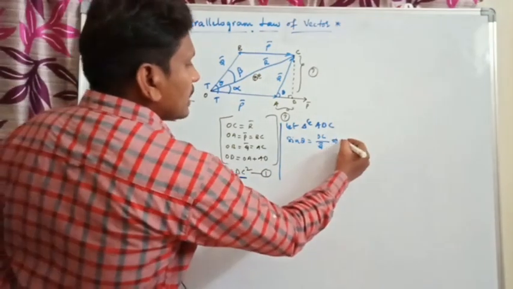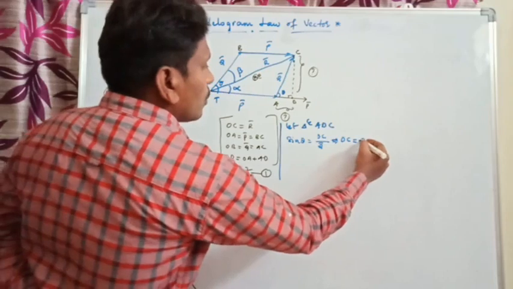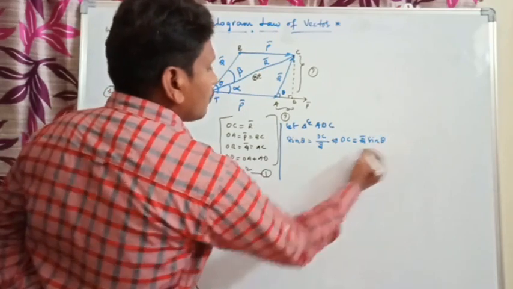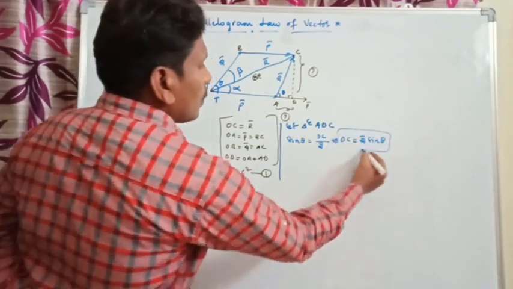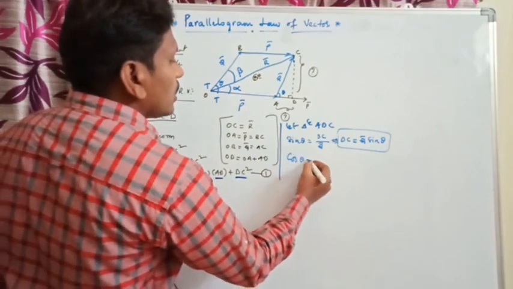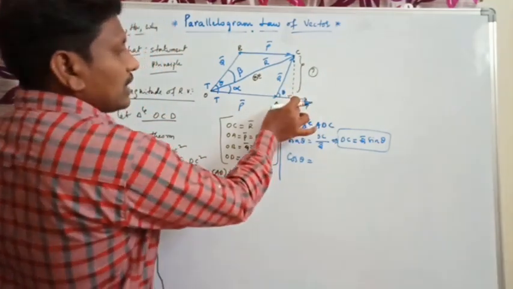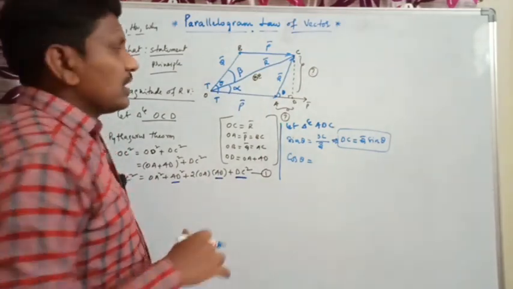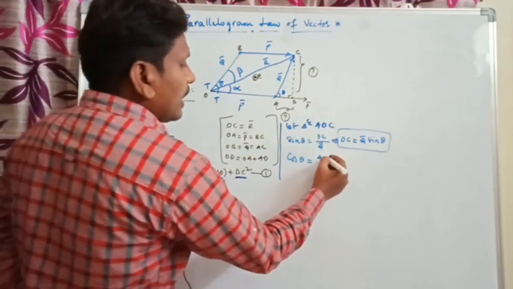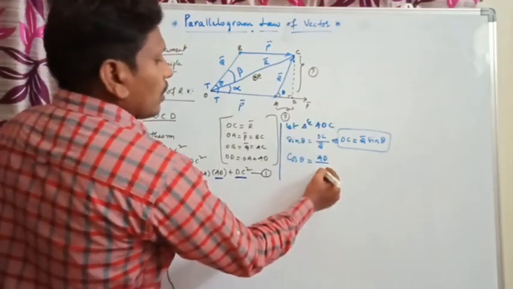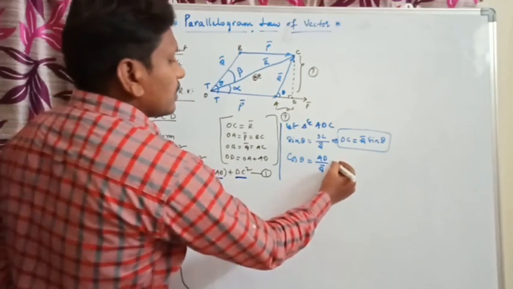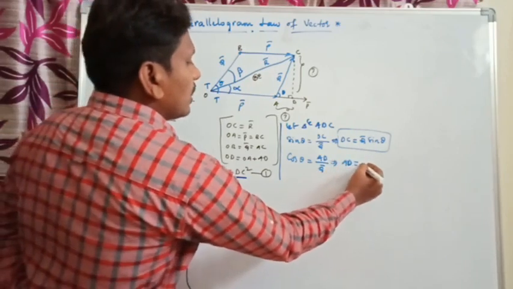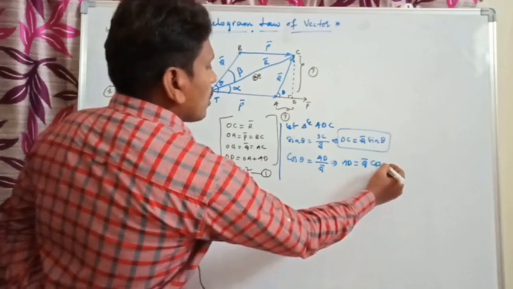So DC is equal to Q bar sin theta. Write down cos theta in the same triangle, adjacent by hypotenuse. AD is adjacent, and Q bar is the hypotenuse. So AD equals Q bar cos theta.